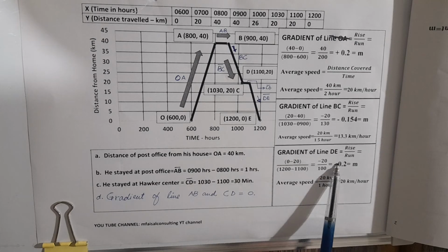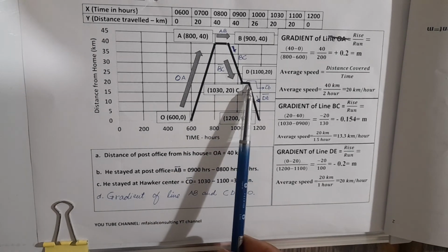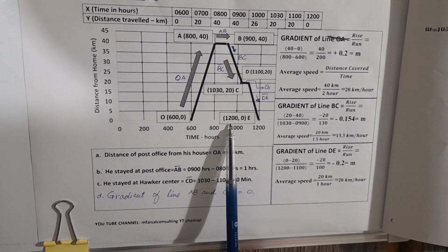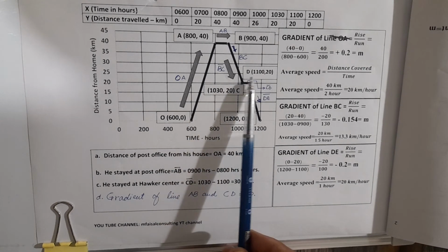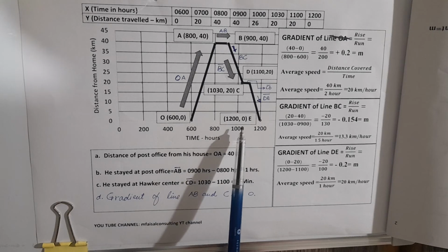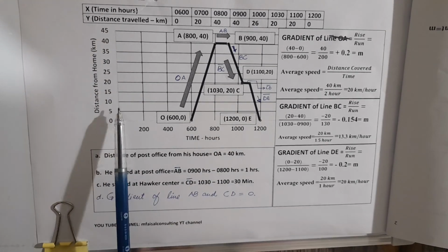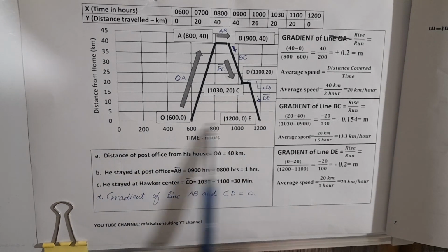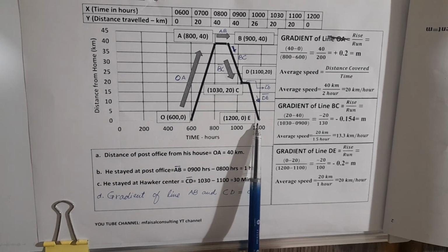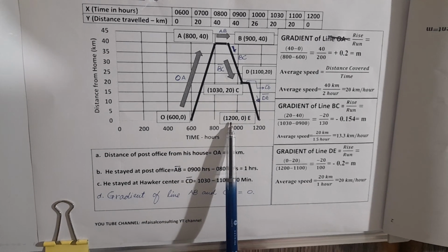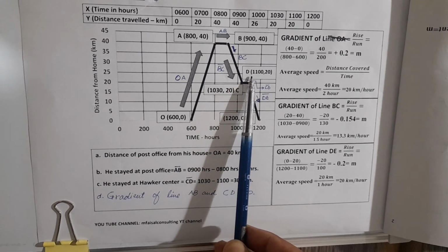Now the gradient of line DE. This is point D, this is point E. Point E has coordinates 1200 and 0, D 1100. It means that on y-axis final position 0, and initial position on y-axis was 20. Final position on x-axis 1200, initial position on x-axis 1100.